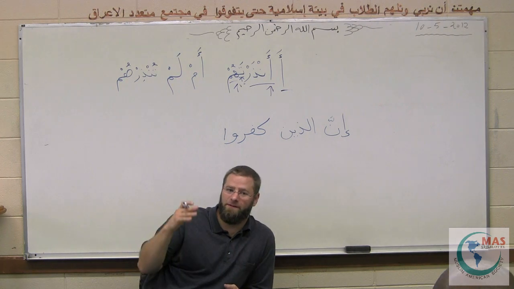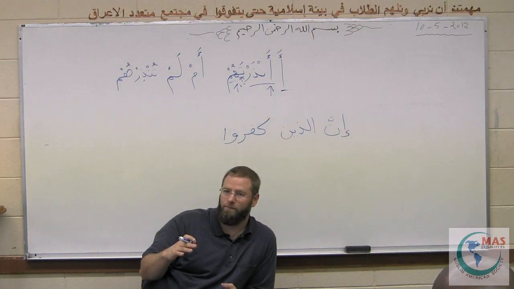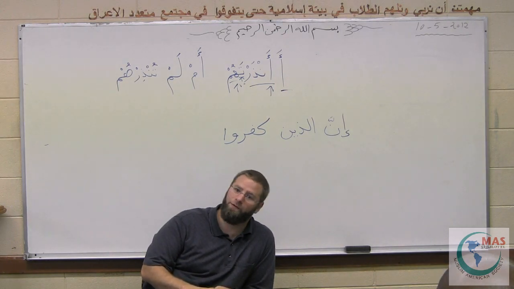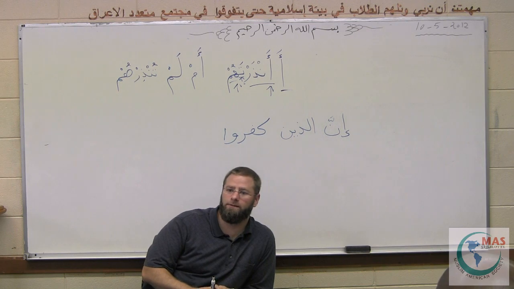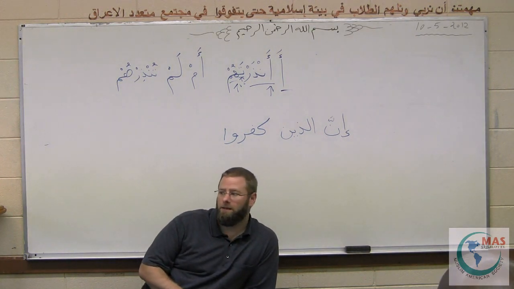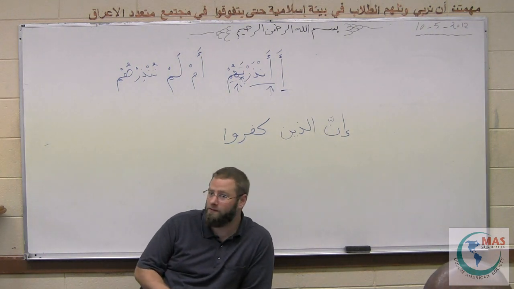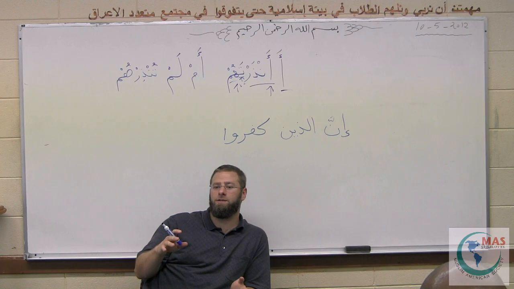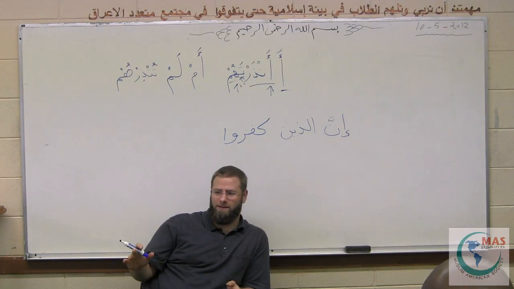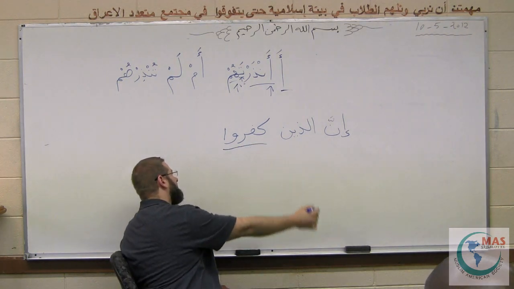Inna comes there to give emphasis to that sentence. Indeed, verily, for sure, without a doubt. Of course, you could say. Of course, the people who disbelieve, you could say that. All of these are ways to say to the person before the sentence, there's no doubt about what I'm saying, right?